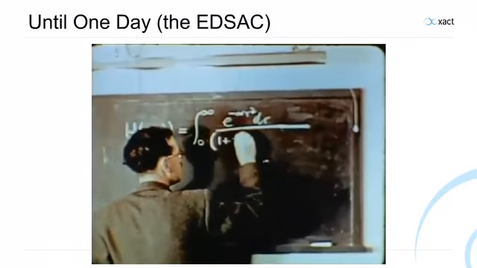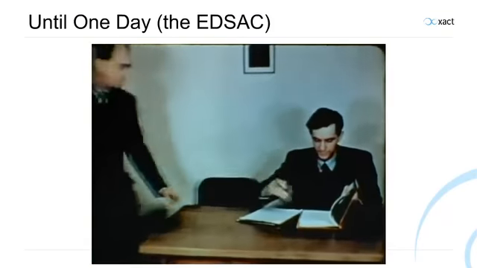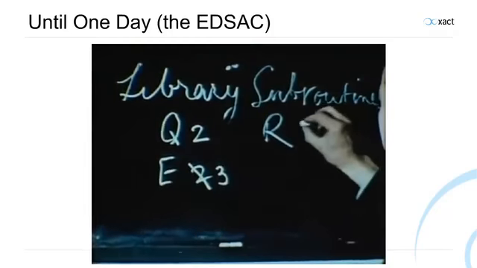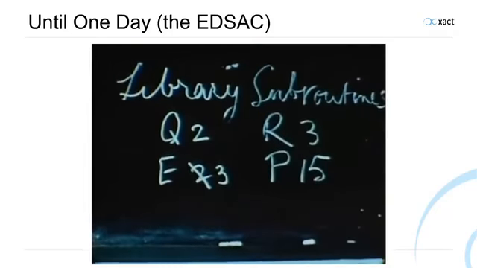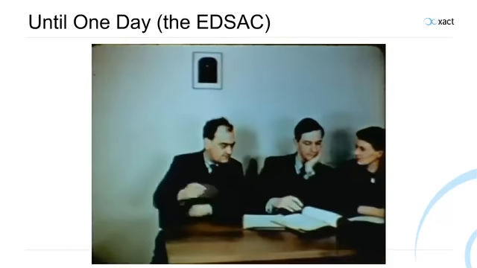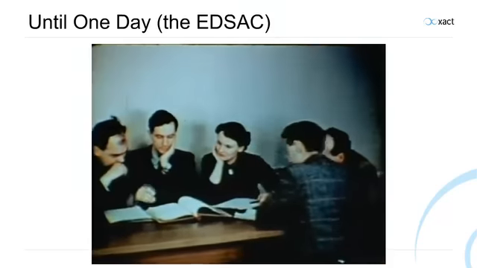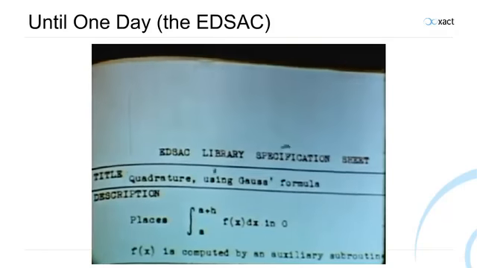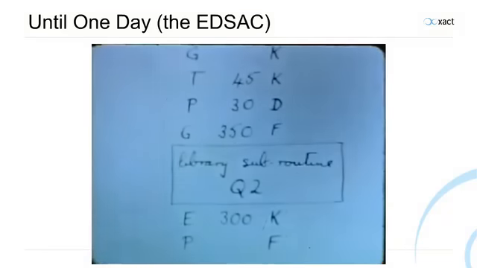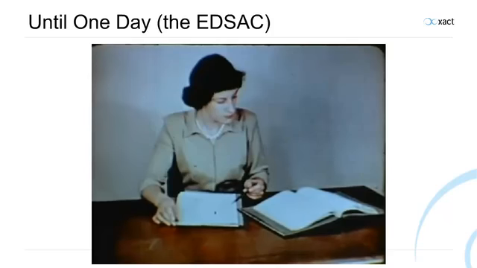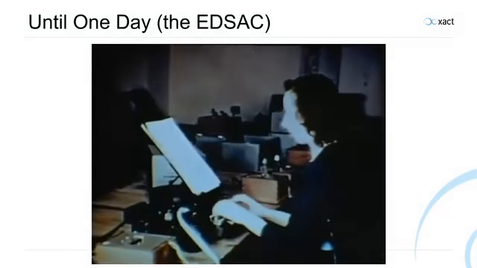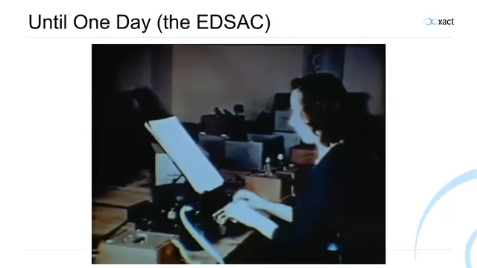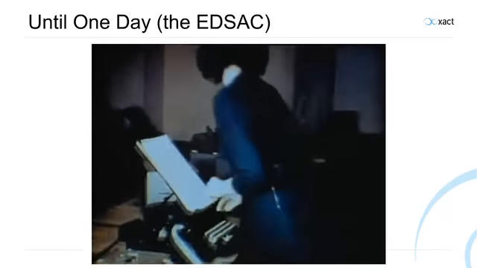The mathematician explains his problem function. A member of the staff points out that there is a more suitable routine available. A read routine and a print routine. The committee proceeds to discuss the problem. Referring to the catalogue, the program sheet is now checked and it is ready for punching. This is Margaret Hardy at the time. She is at the punching and at the moment she will go to one of the library tapes.